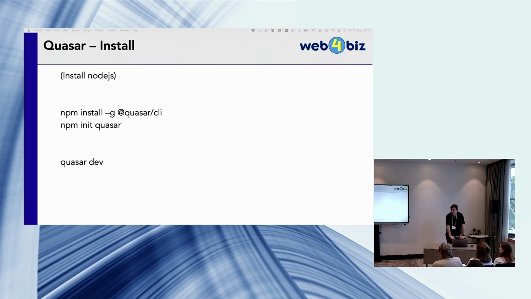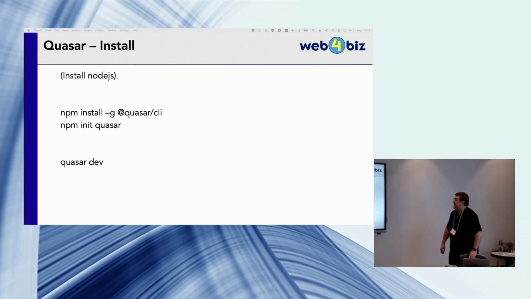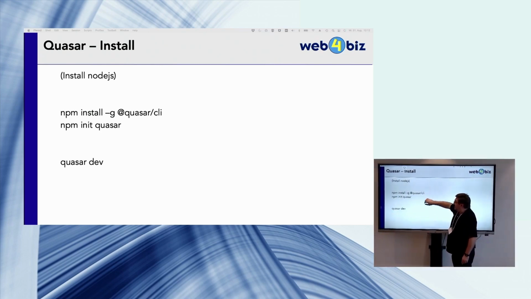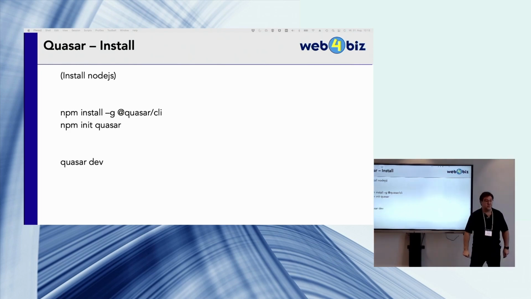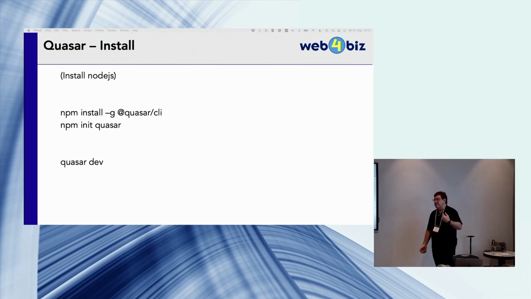The installation is very easy. That's why I love it. First you have to install Node.js. After Node.js is installed on your system, you just do an npm install. -g means it's global, so that the command line interface for Quasar is available globally on the system.